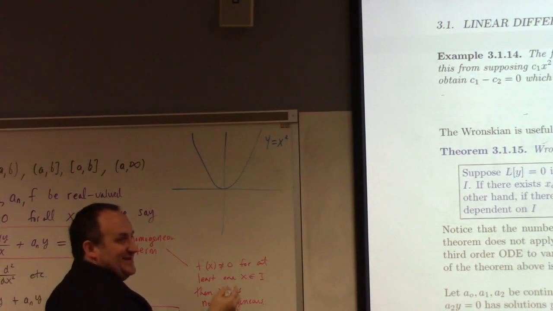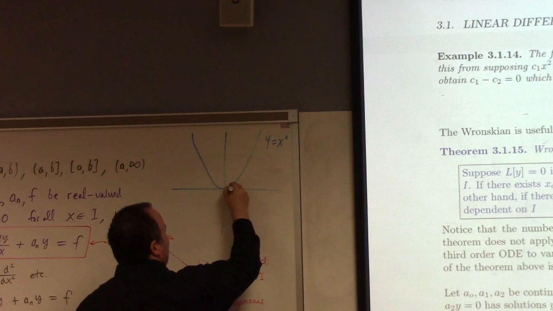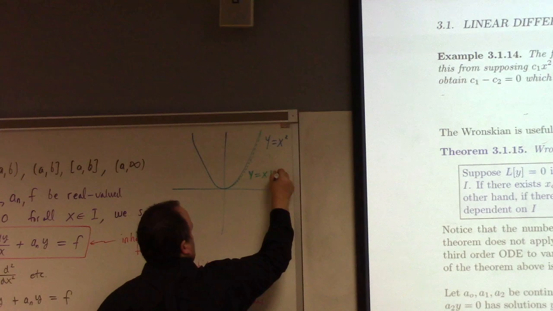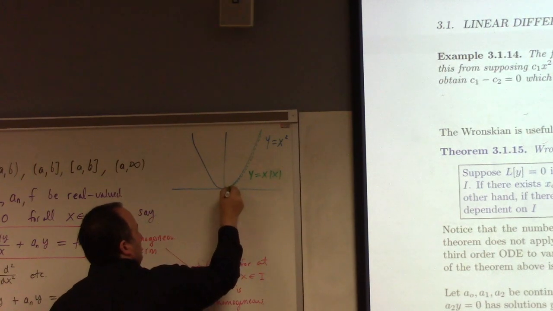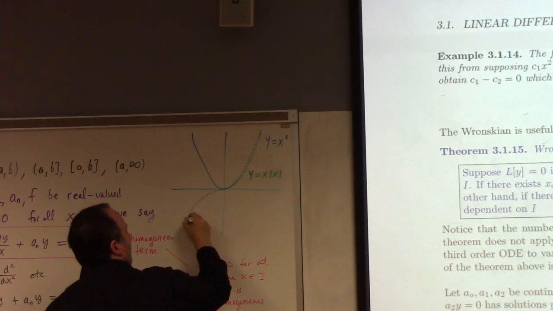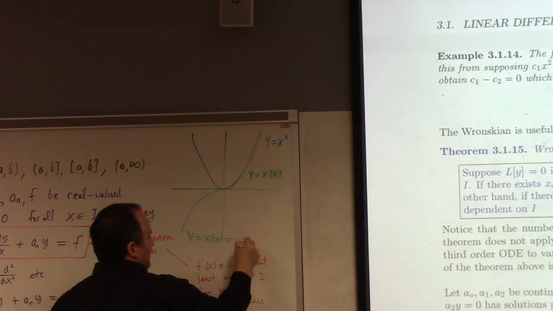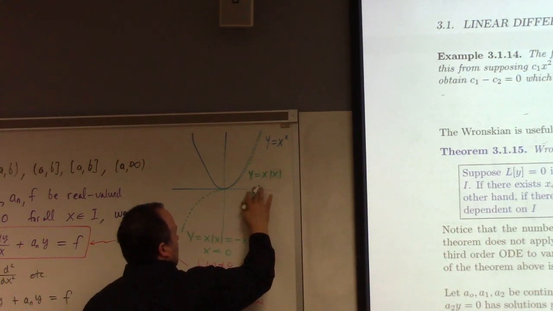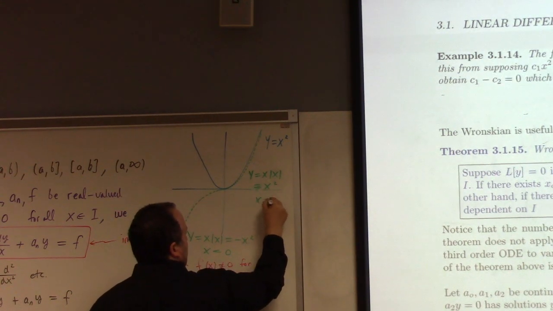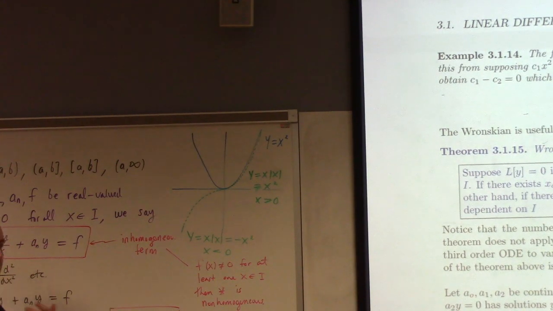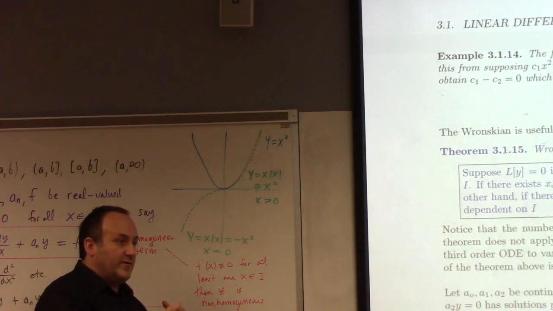X absolute value of x is exactly the same, and it's like this down here. So it's actually minus x squared for x less than 0. And this is equal to x squared for x greater than 0. So these are linearly independent functions because one is not simply a multiple of the other for all x.